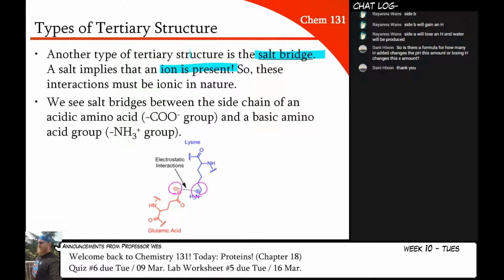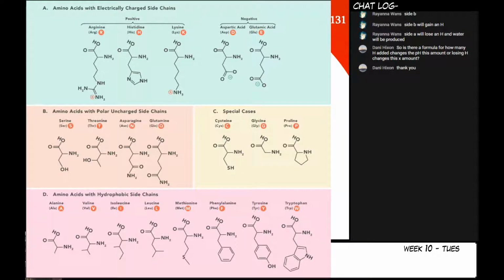And I can do this between any two functional groups that have ions on them. So let's go back over here, and we'll point out which ones those are. So anything up here in category A, anything that has a positive charge can interact with anything that has a negative charge.